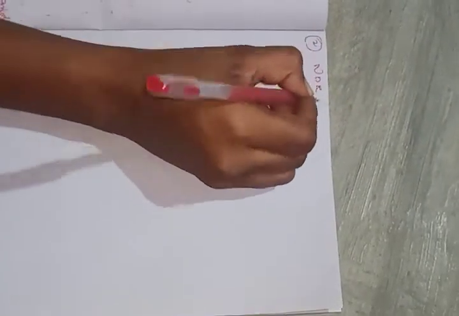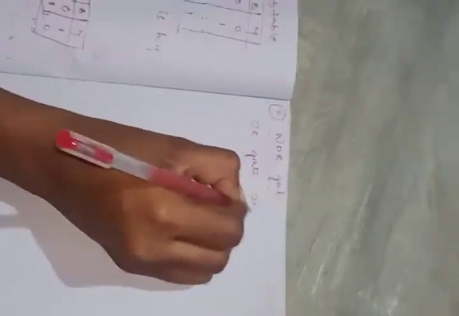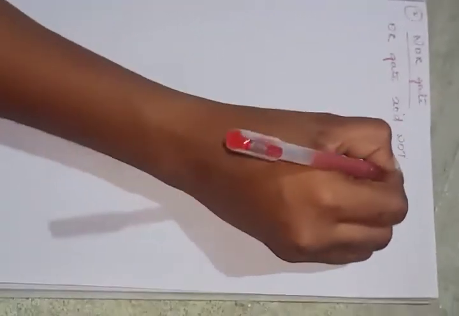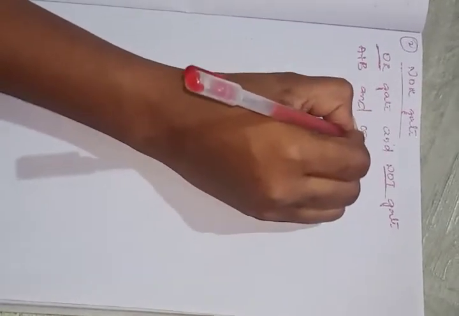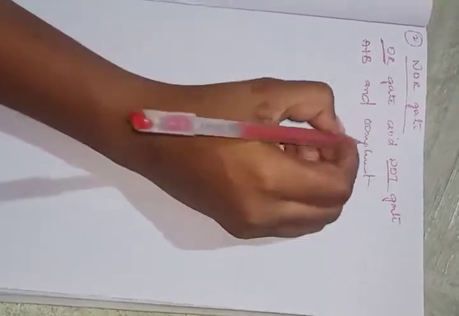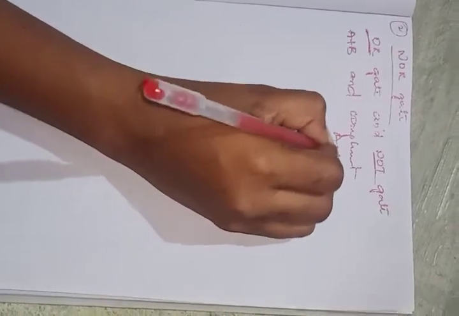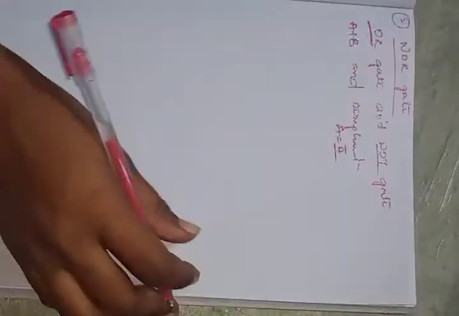And next we go for the second universal gate, NOR gate. Here NOR gate is the combination of OR gate and NOT gate. We know that the OR gate formula is A plus B, and this is complemented. Means if input is A, output is A bar.